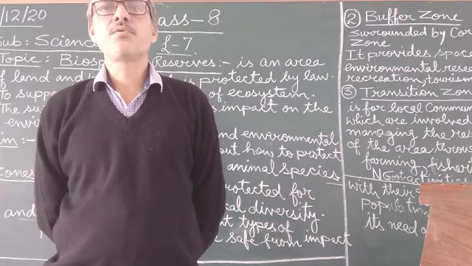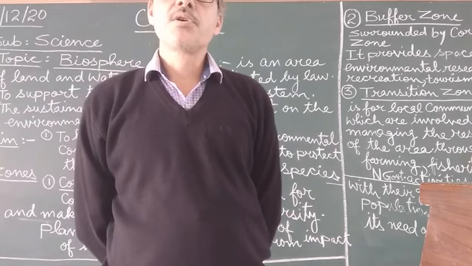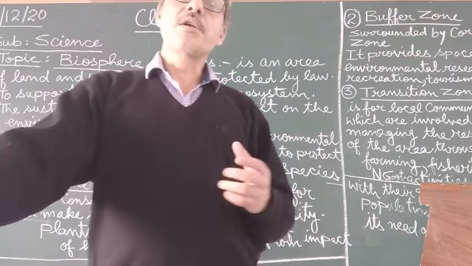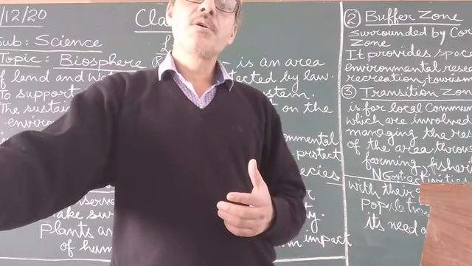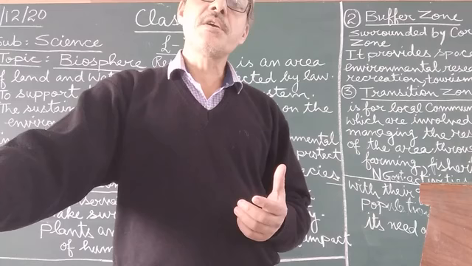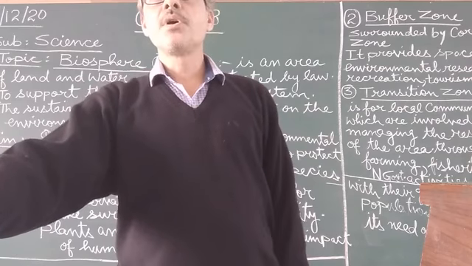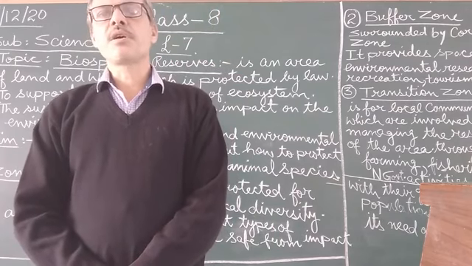Now I will explain the second topic, the biodiversity park. In order to make our environment more beautiful, the Delhi Development Authority, or the DDA, has established 2 biodiversity parks in our country.